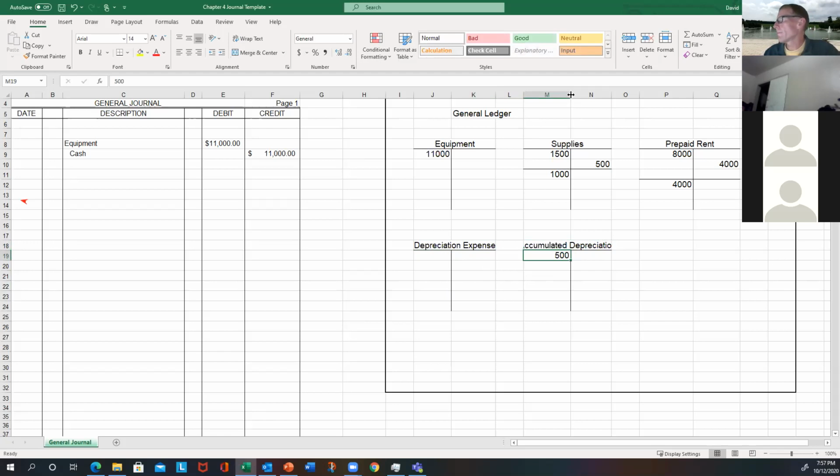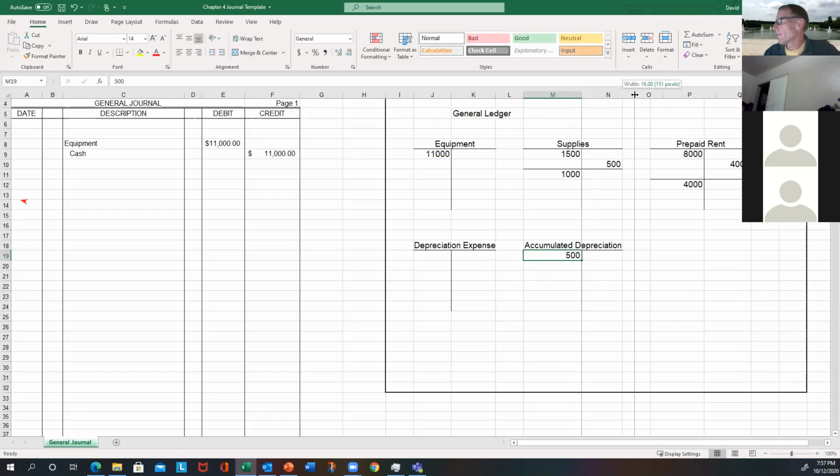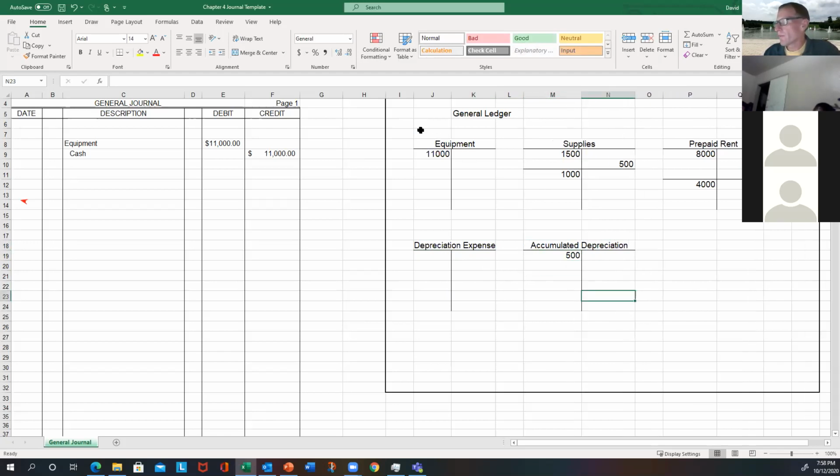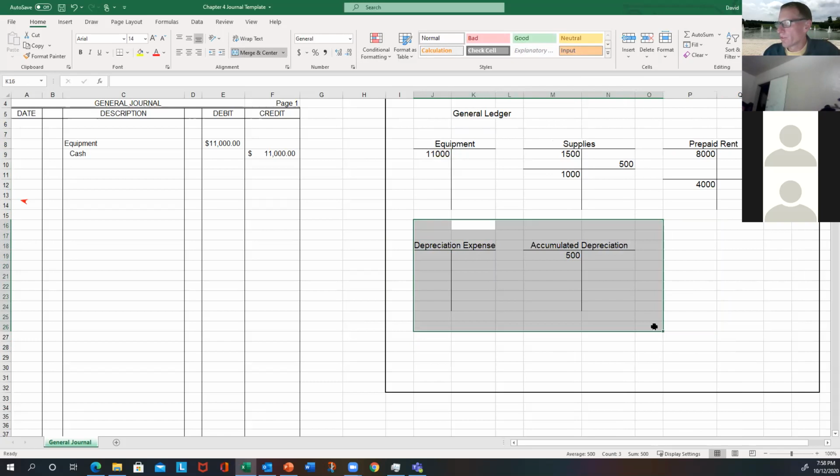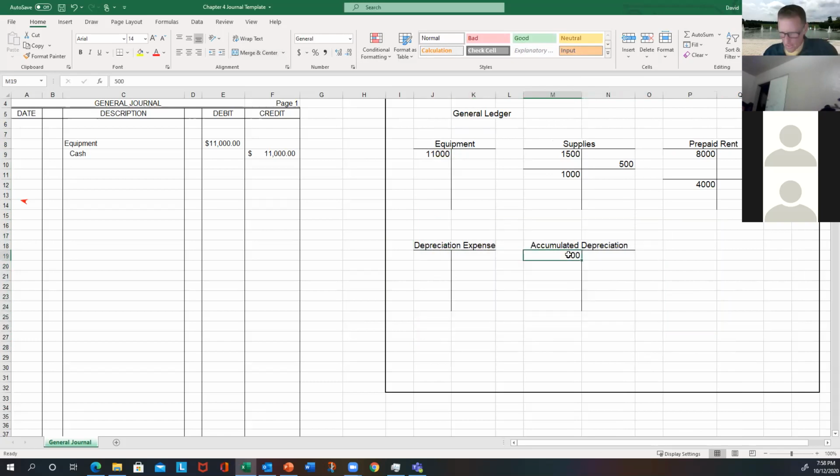So you've got 3 accounts that are involved. So you got equipment when you first bought it. And then when you start to do your adjustments, you're going to use depreciation expense and accumulated depreciation. So in this particular problem, they came up with $183.